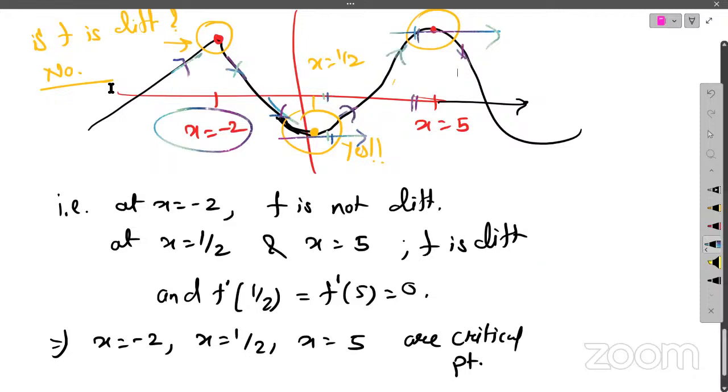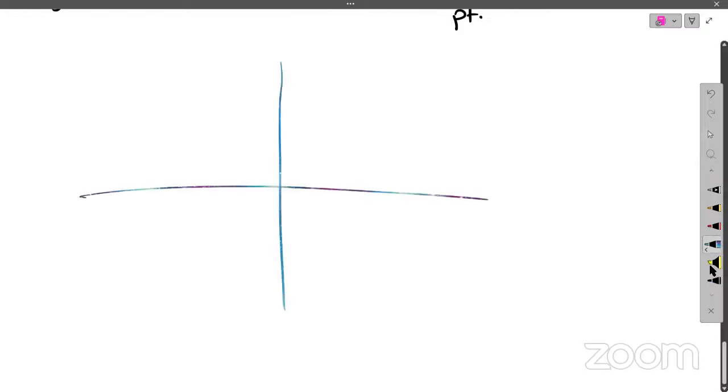But we can construct an example where this particular statement does not hold in the reverse direction. So for example, if I consider a function in this way, suppose the domain is the whole real number. Suppose this is the function.